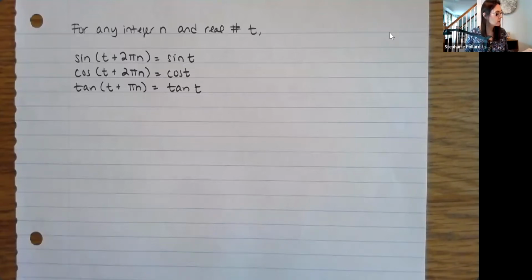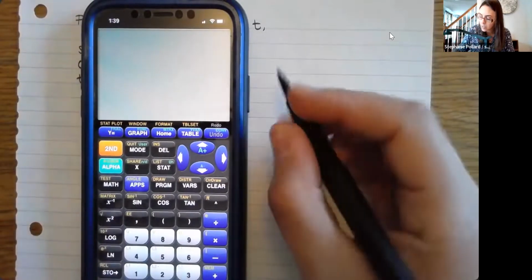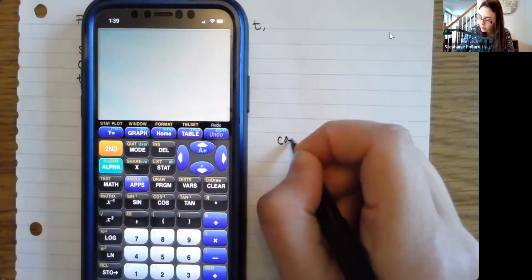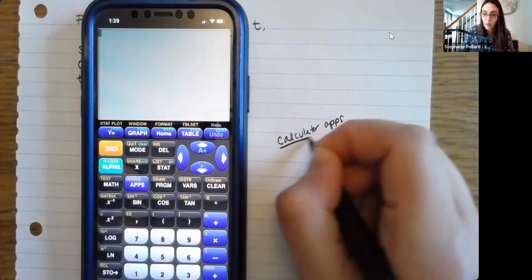The last thing I just want to mention very briefly is that many of your calculators can work with these functions as well. So I'm bringing up my app here, and this app mimics the TI 83/84 calculator. I'll just let you know for calculator apps, this one is one of my favorites.